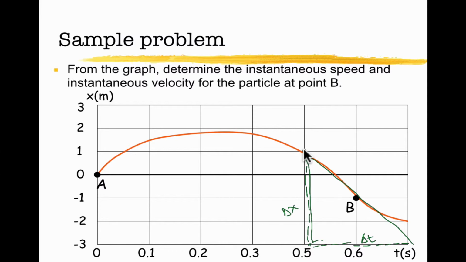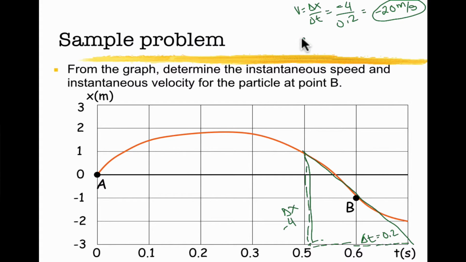All right, so the slope of this line goes down 1, 2, 3, 4, -4. Delta t goes over 0.1, 0.2. So the instantaneous velocity is displacement over change in time, and this is equal to -4 over 0.2, which is 1/5, so this is equal to -20 meters per second.